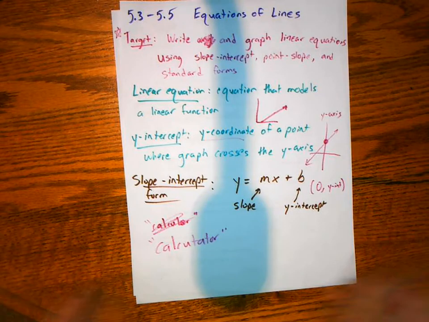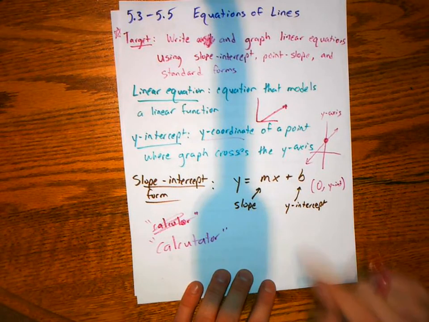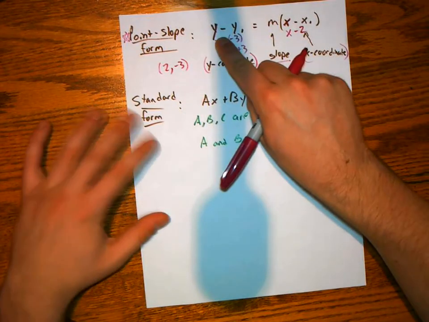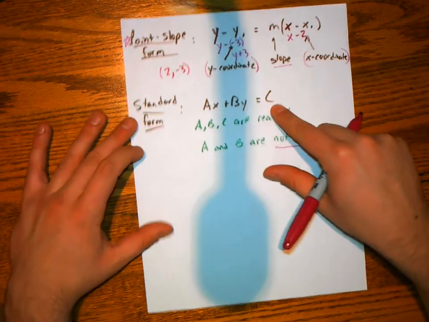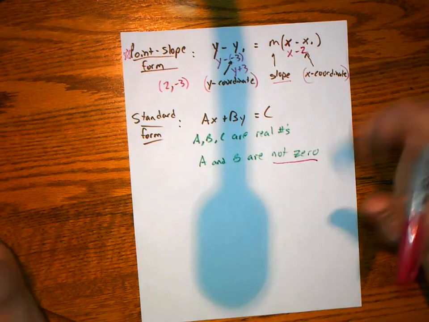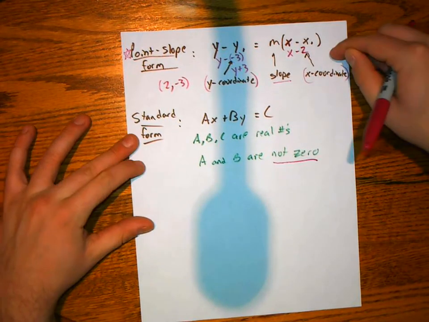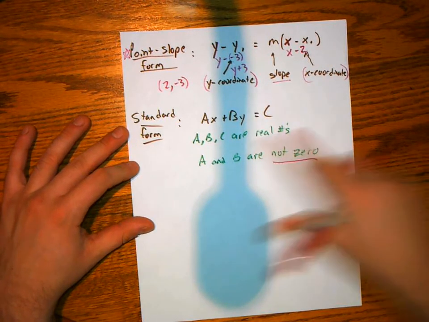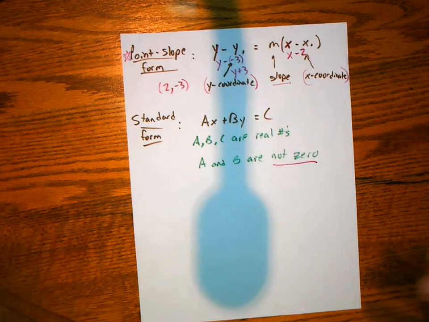If you do some math to get it into slope-intercept form, this is the way you can plug it into the calculator. These other two, plugging it in exactly this form is not going to get you anything out of the graphing calculator. And then, like I said, with this one you can actually pick apart something and see this is the slope and the point. Standard form, you have to do a little bit of math to solve for it.